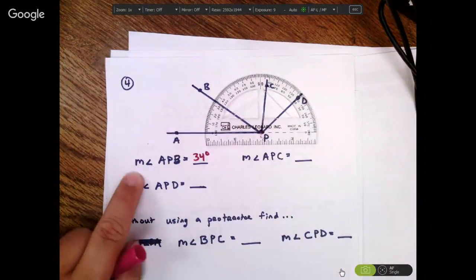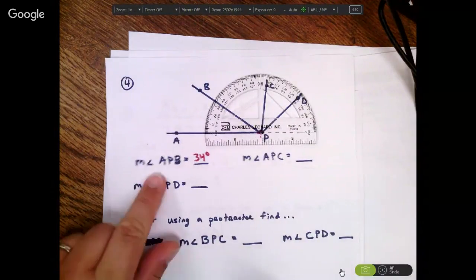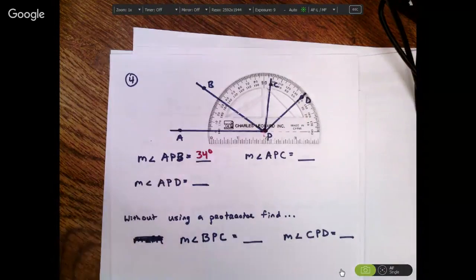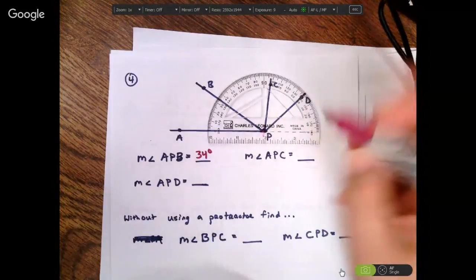What do you think that M stands for? It's the measure, right? So just like I have to say this angle is like a shape, I have to put the letter M in front of it to say the measure of that. Okay? So then the measure of angle APC for me is at 97, it looks like.